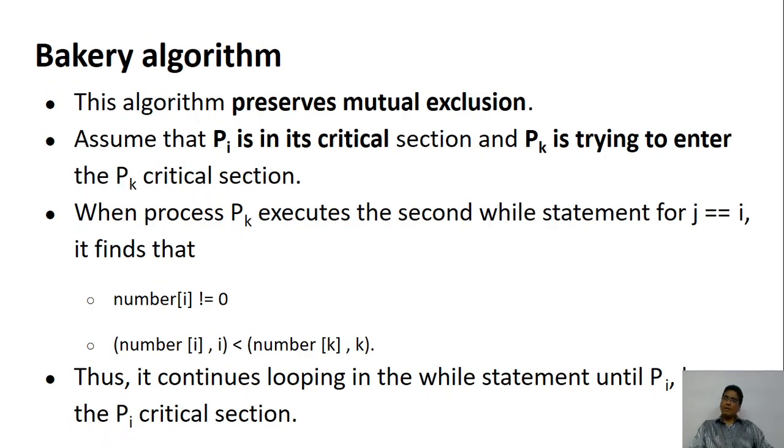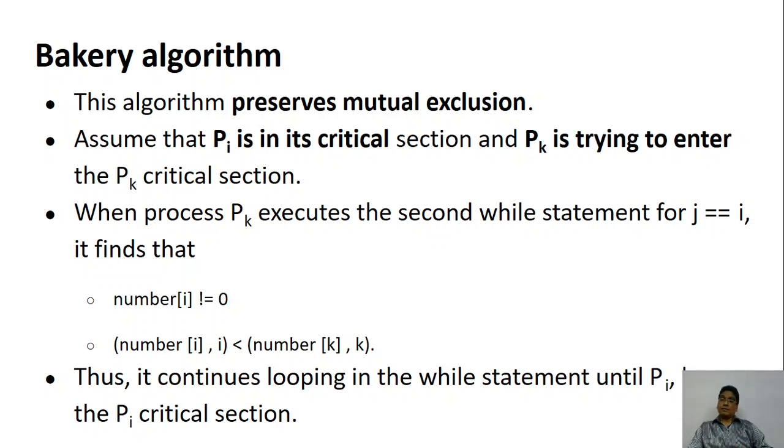So this particular algorithm serves mutual exclusion. Even though n numbers are there, only one is allowed to enter into the critical section. If the process Pi wants to enter into the critical section and Pk also wants to enter into the critical section, what will it do?